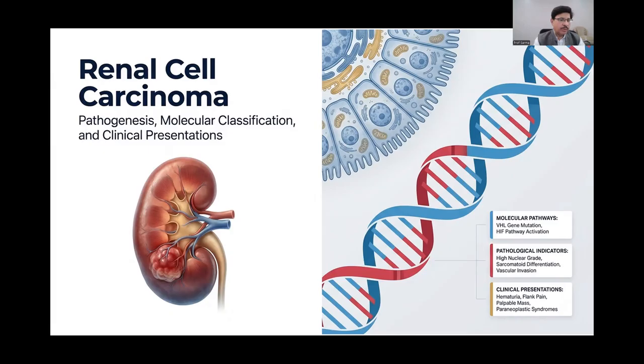We will cover this topic in three parts. The first part would be pathogenesis and molecular classification. The second part will be localized diagnostic workup and staging. And the third part will be the advanced systemic treatment for metastatic disease. Let us dive into the core of molecular pathways and critical pathological indicators.